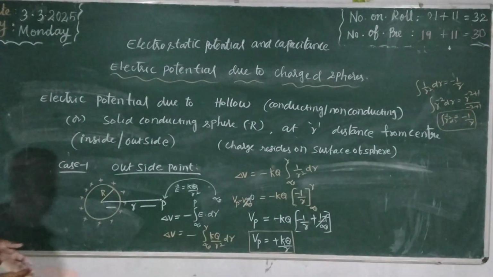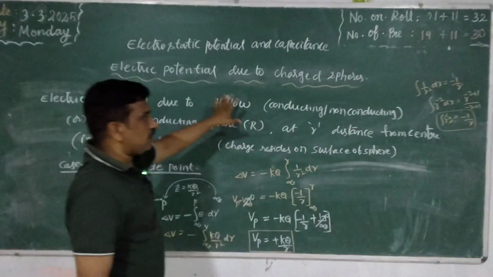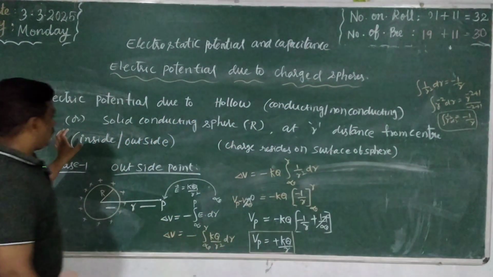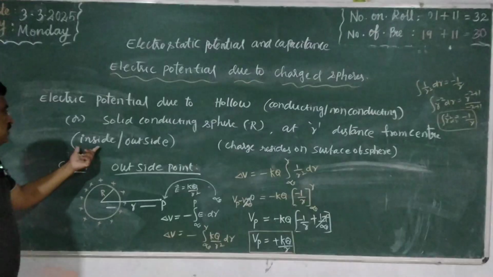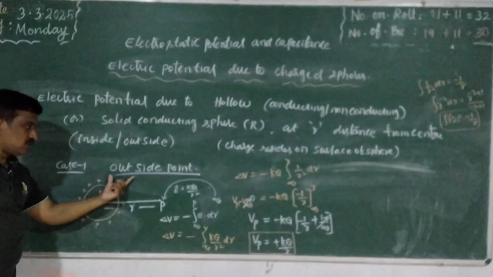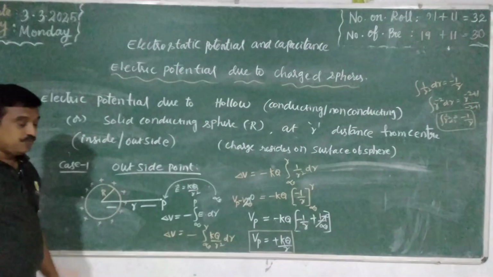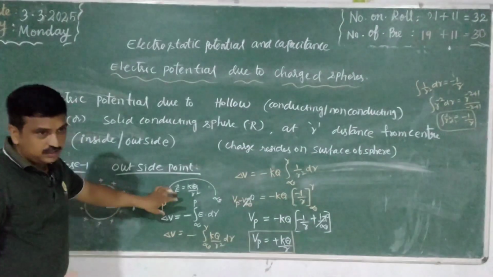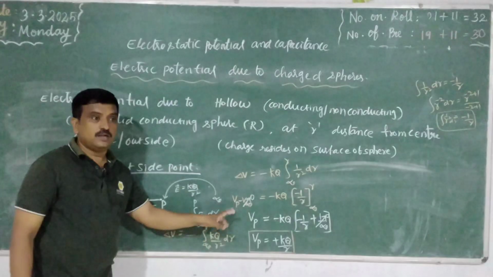Again, listen once here. The electric potential due to a hollow conducting, non-conducting or solid conducting sphere at a distance from the center, inside point or outside point. First we discuss the outside point, meaning a distance from the center outside. For deriving the electric potential at this point, we take one more point, that is at infinity.